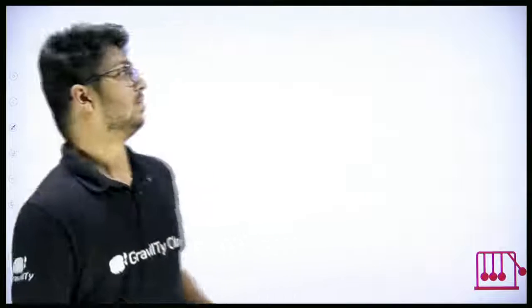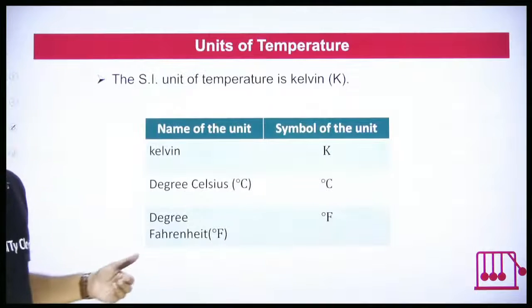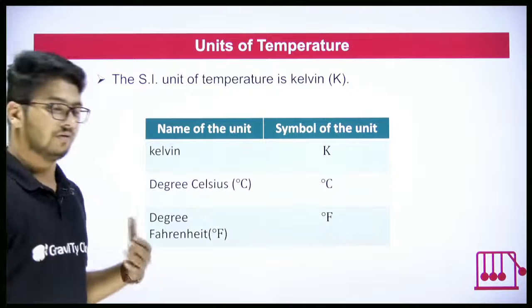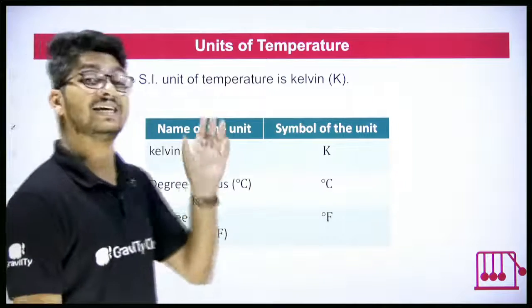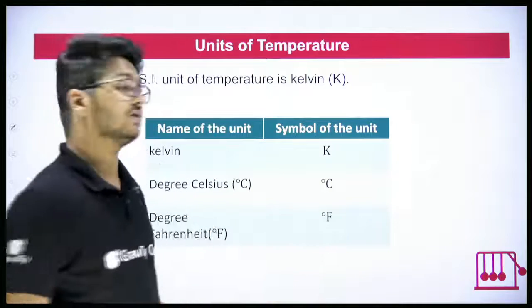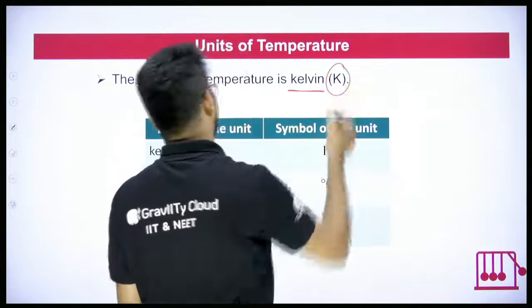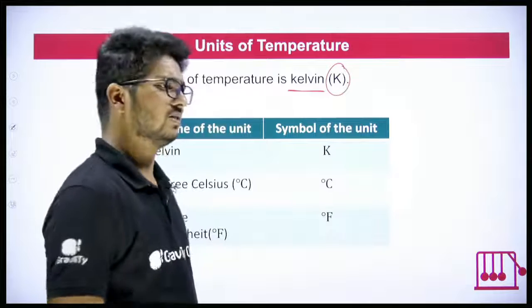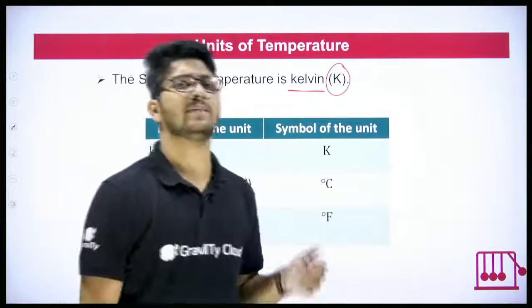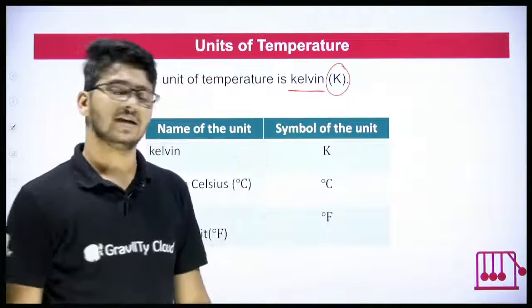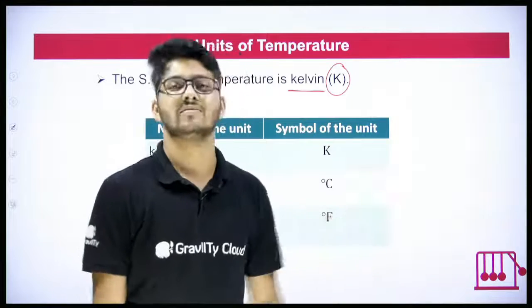Let's continue. So now we'll go into the units of temperature. We'll first start with Kelvin. Now why are we starting with Kelvin? Because it is the SI unit of temperature. The SI unit of temperature is Kelvin. The symbol is capital K. Now you might think, sir, normally I have heard about Celsius, I have heard about Fahrenheit. What is Kelvin? Kelvin is mostly scientific.